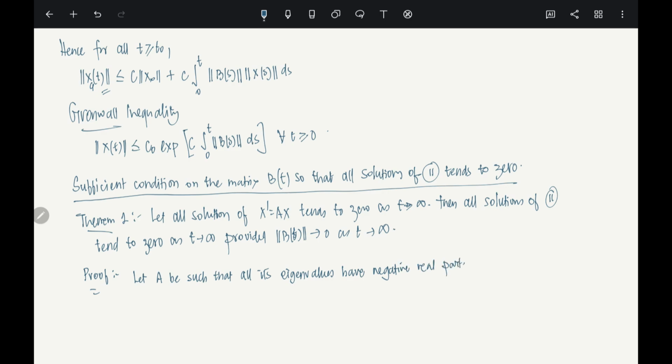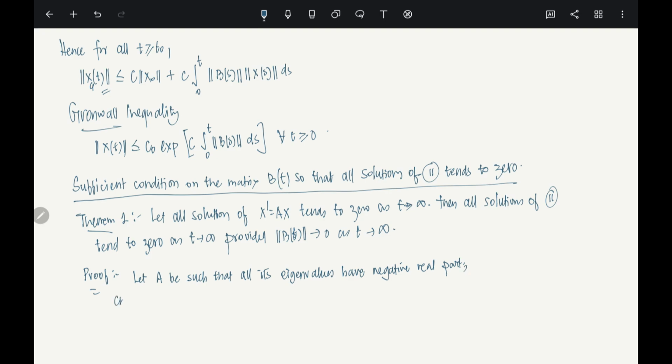If that is the case, then you can see, this is a part of the assignment. You have to check this part.